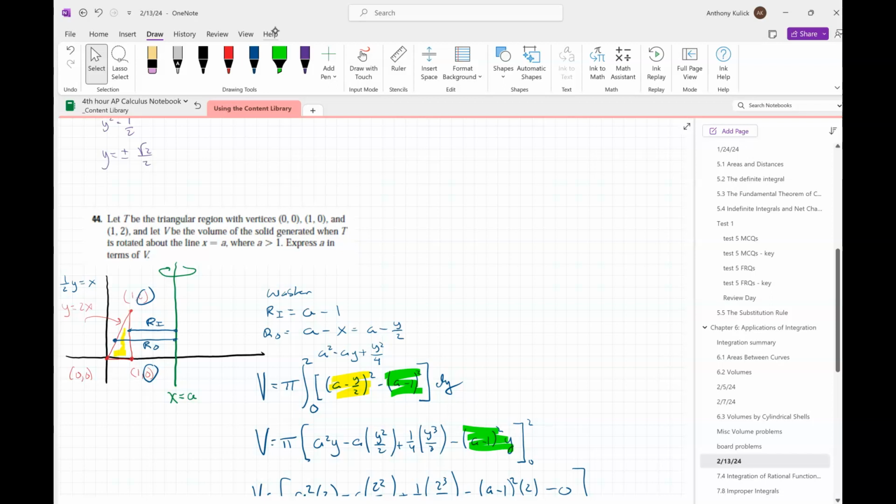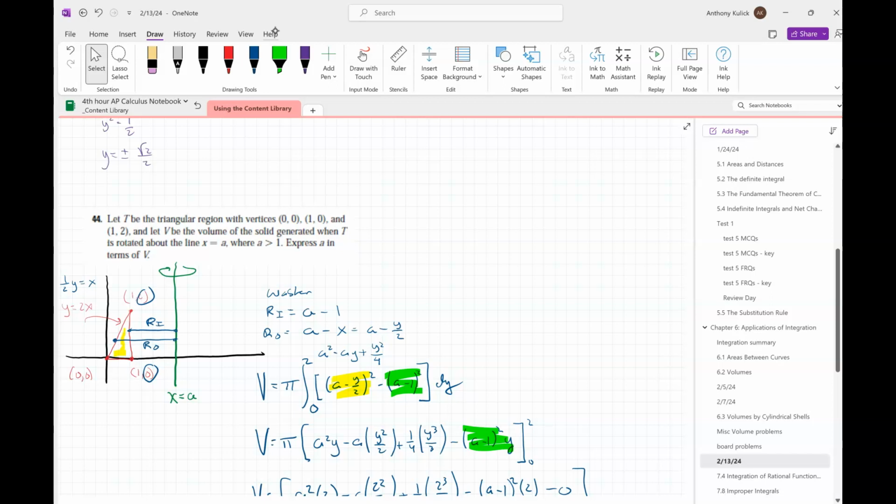Next time we're going to do some more U-sub techniques. Specifically, we're going to look at U-subs with a rational function. If you have polynomial divided by polynomial and we want to integrate this, how do I do that?